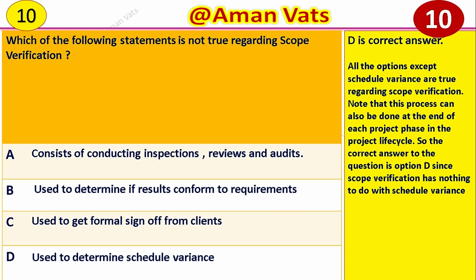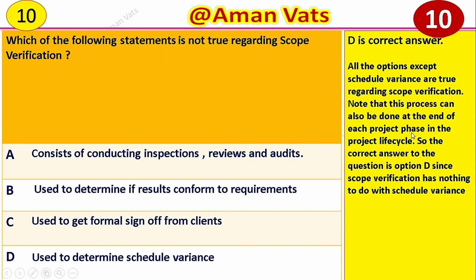A consists of conducting inspections, reviews, and audits, used to determine if results conform to requirements, used to get formal sign-off from clients, used to determine schedule variance. Okay, so why is scope variance done? Verification is done. All the options except schedule variance are true regarding scope verification, because this process can also be done at the end of each project phase.